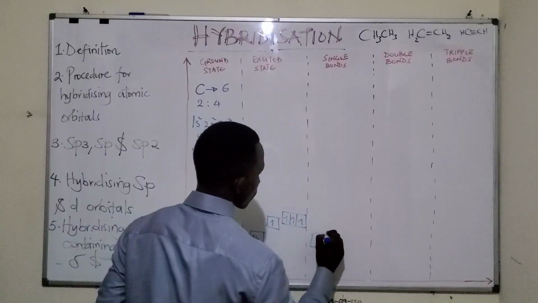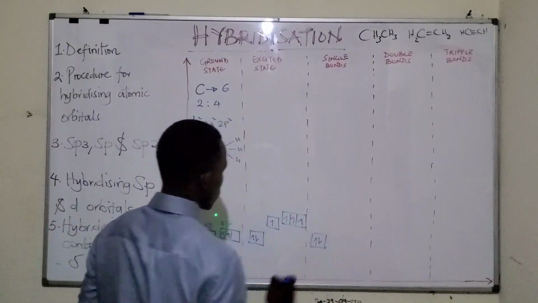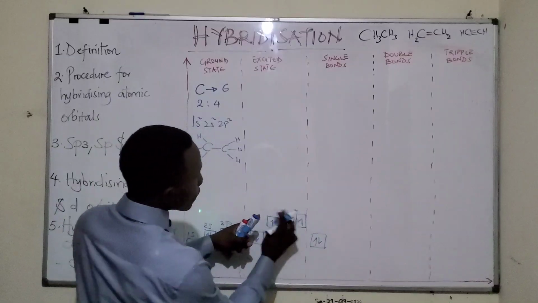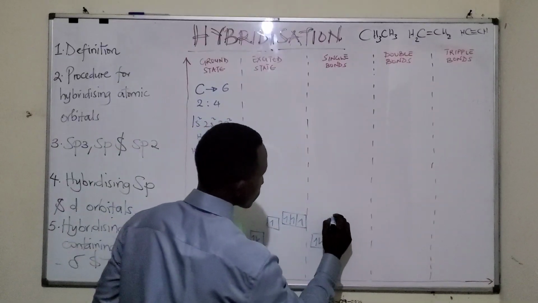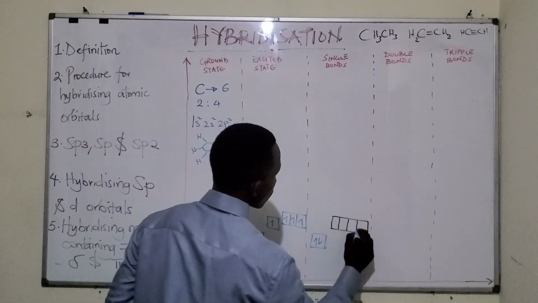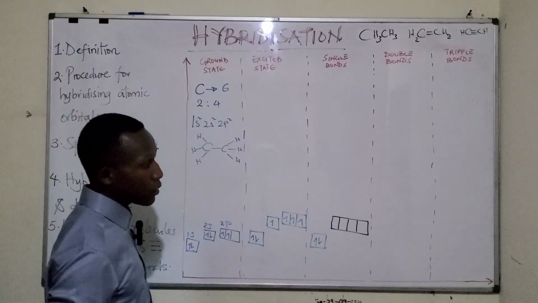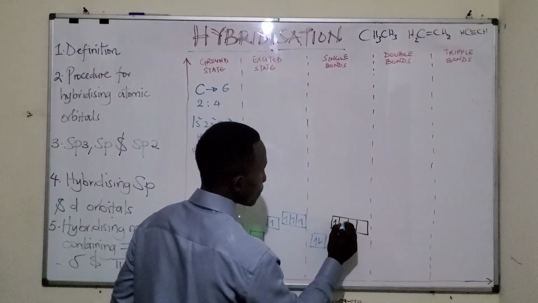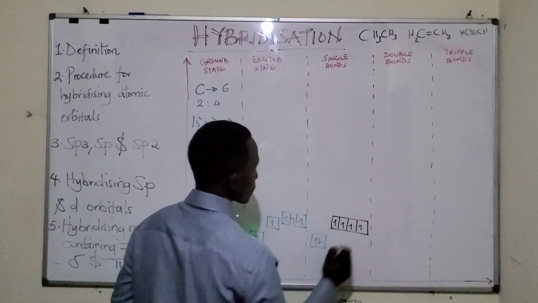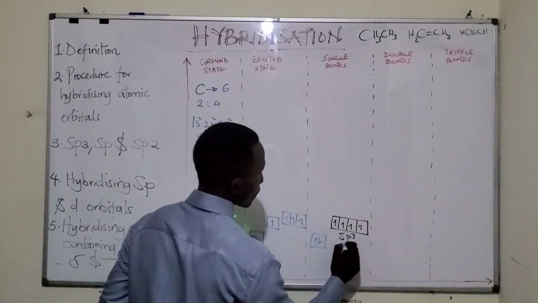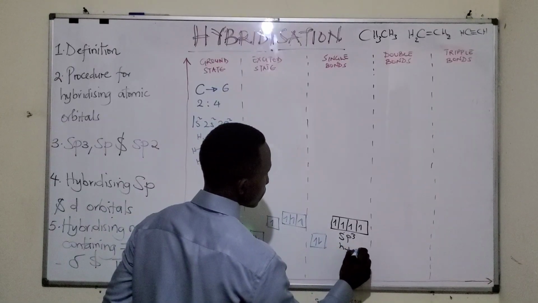Then these electrons are all hybridized, forming hybrids which have the same energy, or degenerate orbitals. These are the sp3 hybrids.